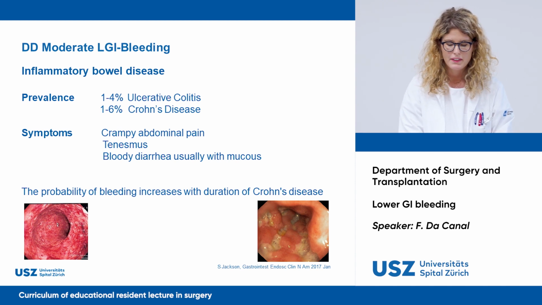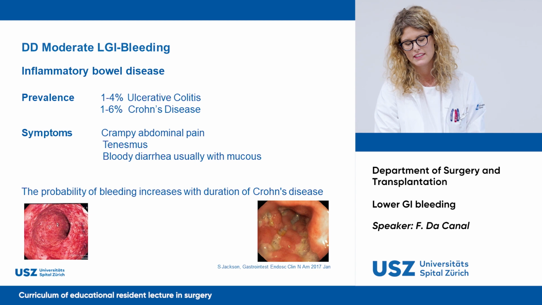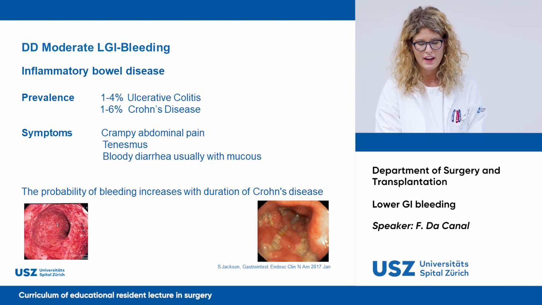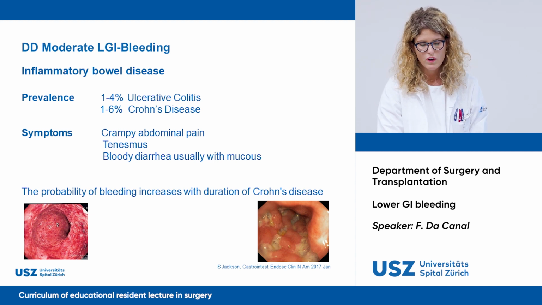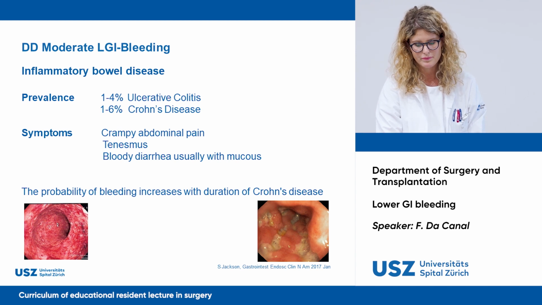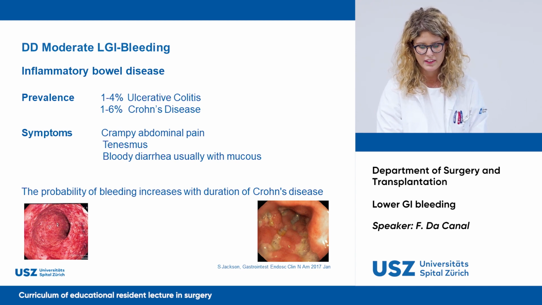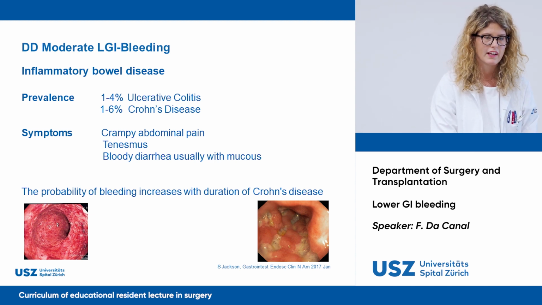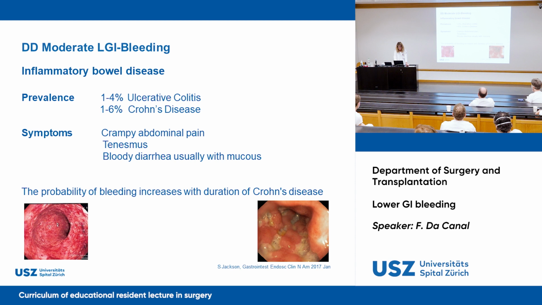Acute lower GI bleeding in ulcerative colitis is often the setting of severe disease refractory to medical therapy. And in an overview of emergencies in inflammatory bowel disease patients, up to 10% of all the urgent colectomies were performed because of an acute bleeding in ulcerative colitis.